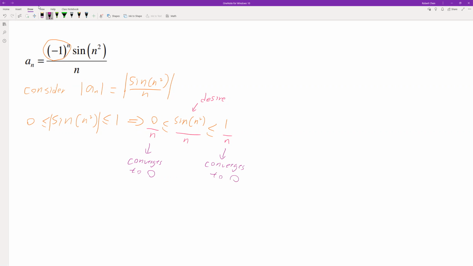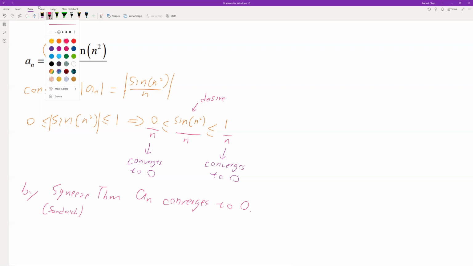Therefore, we can say that by the squeeze theorem, or if you prefer, you can call that the sandwich theorem, a_n converges to 0. Oh, I forgot the absolute value sign again in here.